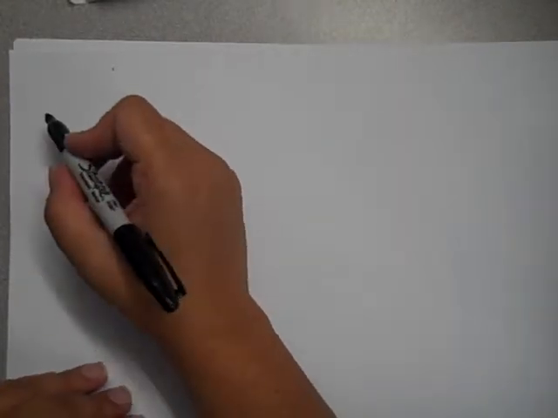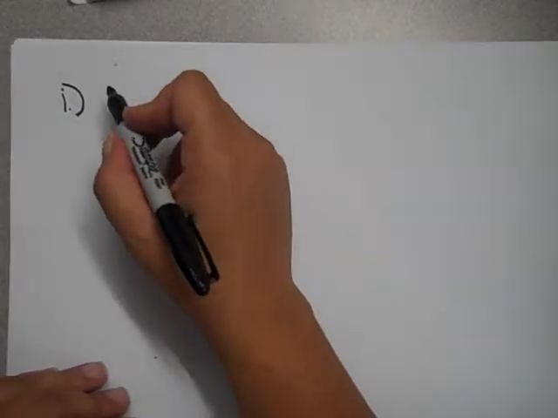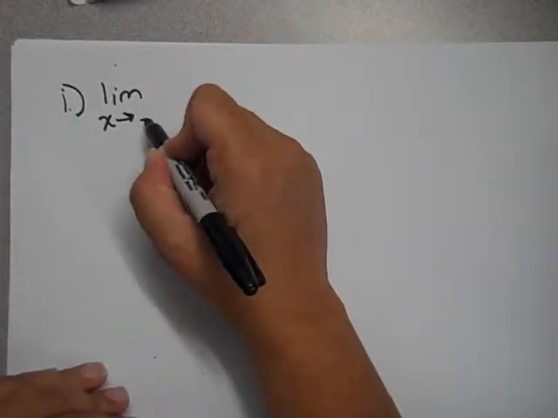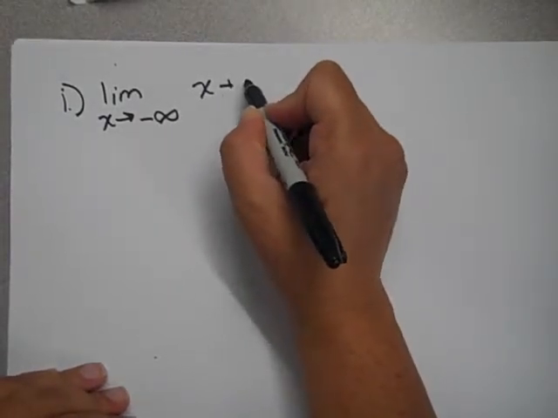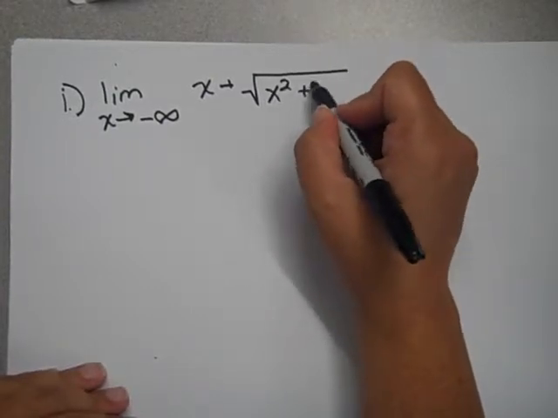The next problem is one that I think we will do intuitively, letter I, and it is the limit as x approaches negative infinity of x plus square root of x squared plus 2x.